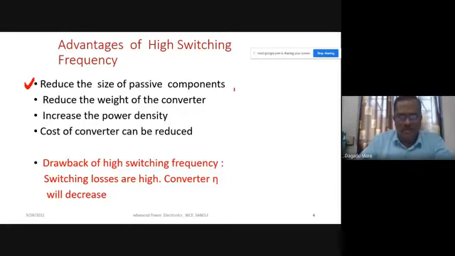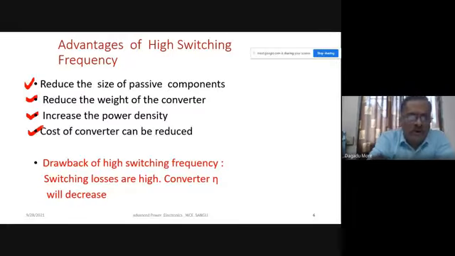We reduce their size, and they have the maximum weight, so we can reduce the weight. As size is reduced, we increase the power density, and the cost of the converter can be decreased because the required values of L and C will be reduced.